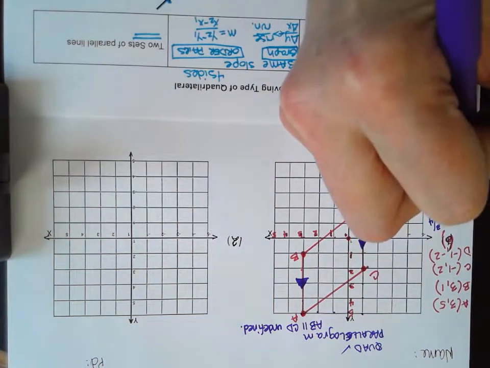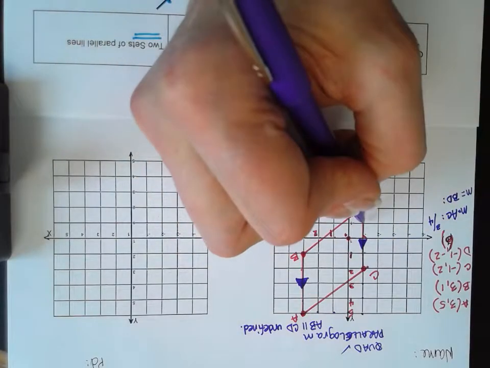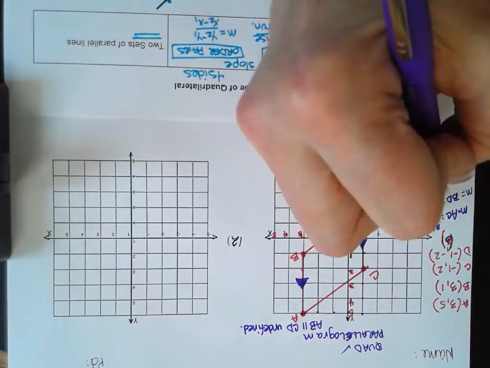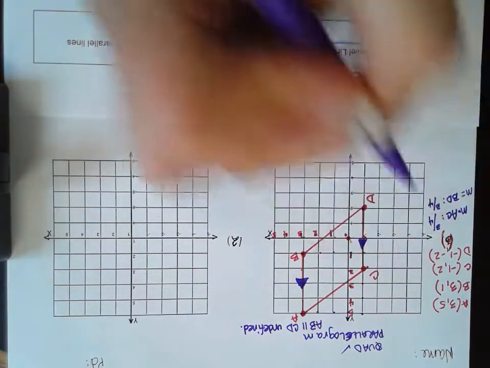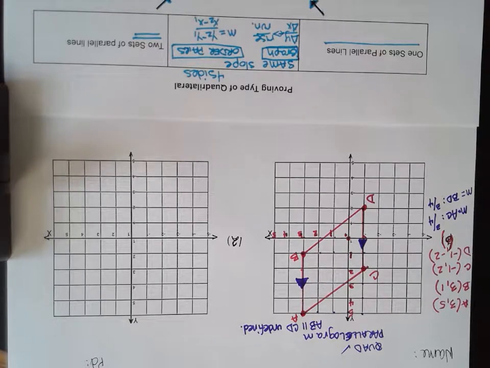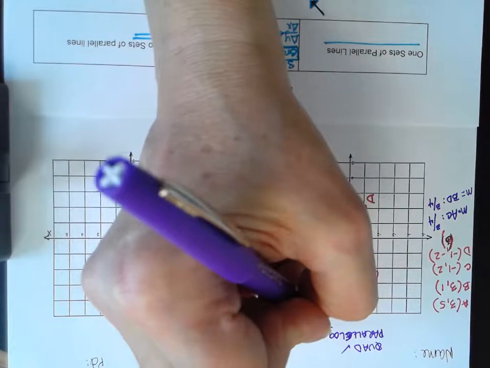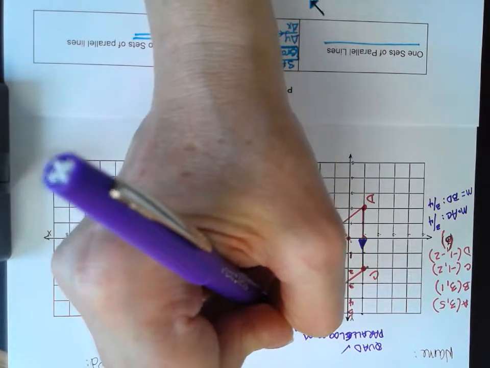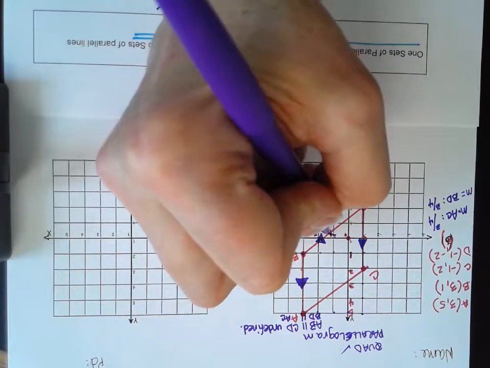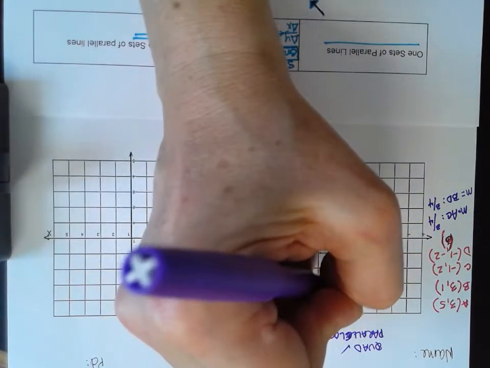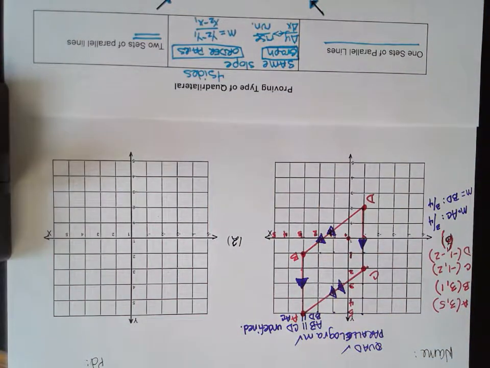And the slope of BD is up 3 and over 4. Since I have the same slope, BD is parallel to AC, which means I'm at least a parallelogram.